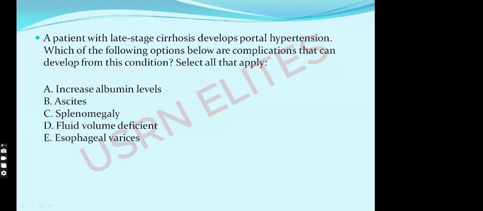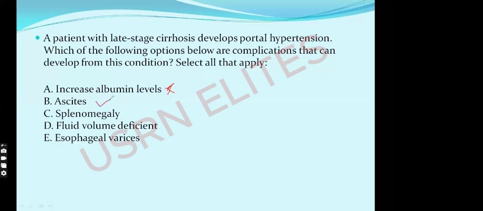Do we think the first one is part of it? Would the person have increased albumin levels? No, it is decreased. Okay, in that manner, no. What about ascites? Yes. Ascites can happen, that is true.